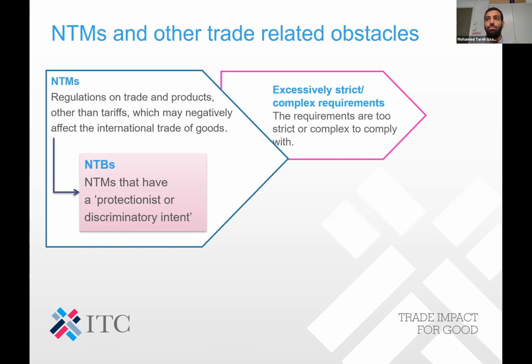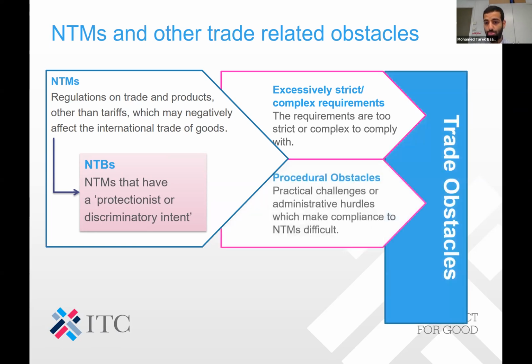So if you are not able to comply with the regulation, we can start thinking about NTBs, and maybe it's very strict for some discriminatory intent, or maybe companies don't have the capacity to comply with the regulation. And in that case, the government is supposed to deliver some capacity building and help companies comply with this regulation. However, this is not always the case when we talk about trade obstacles.